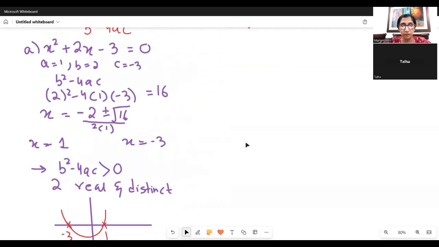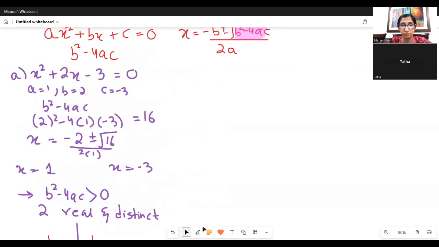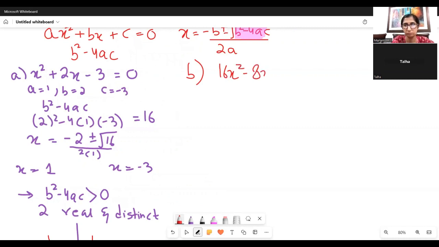Now let's take a look at another equation, which is 16x square minus 8x plus 1. So A is 16, B is minus 8, and C is 1.